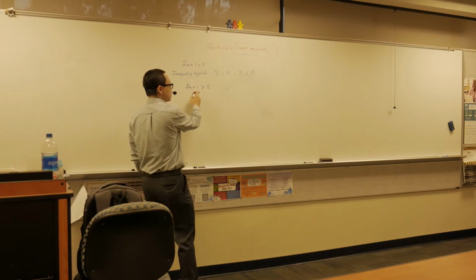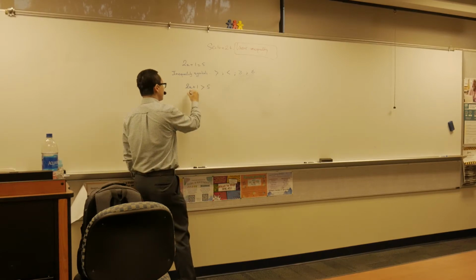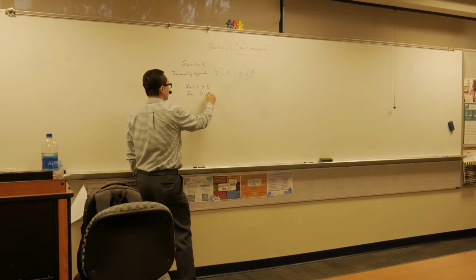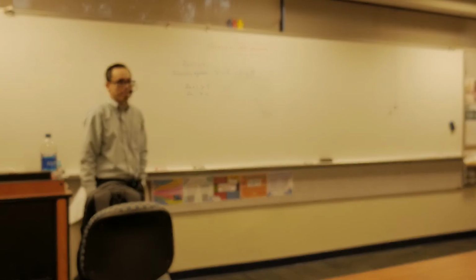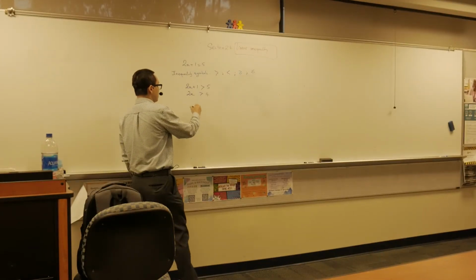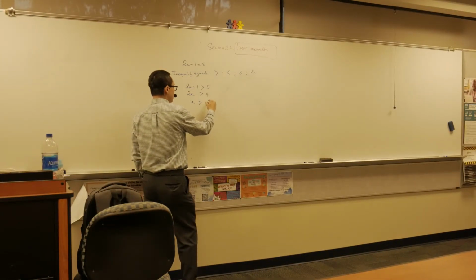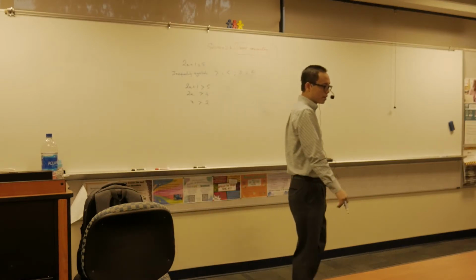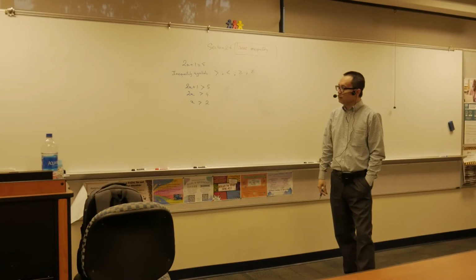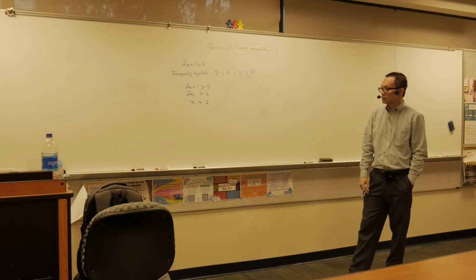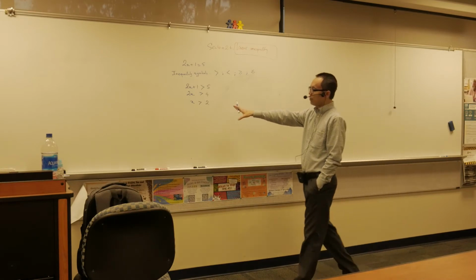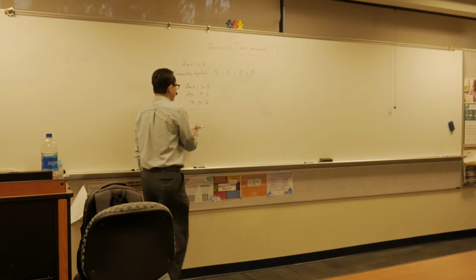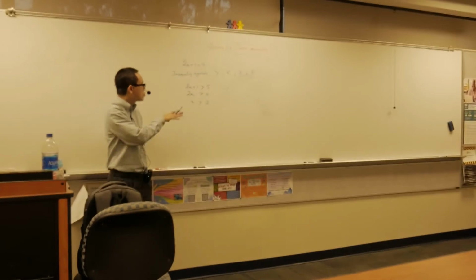So you're going to subtract 1 from both sides. Then divide both sides by 2. And now what I have is x greater than 2. Let's try to understand this.